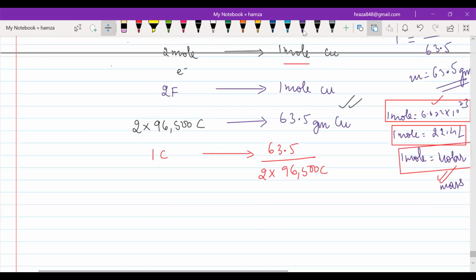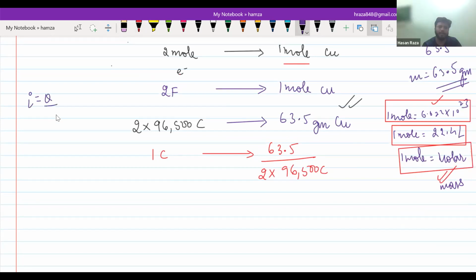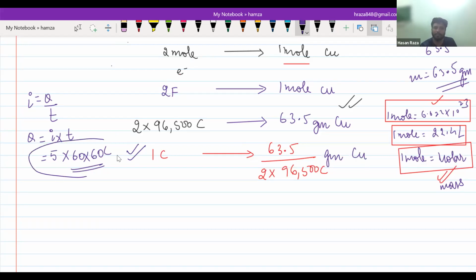Nafisa. Yes, sir. Now you can see I is equal to Q by T, and we can calculate Q is equal to I into T. I is given as 5 ampere and time is 1 hour, so we need to convert it into seconds. That means this much charge. We already calculated for 1 coulomb, this much gram of copper is deposited. But we need to calculate for this much coulomb.